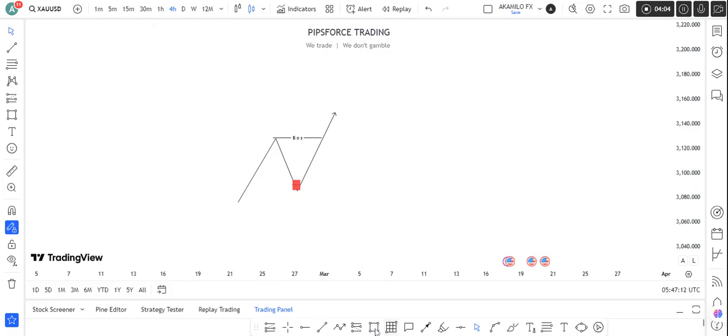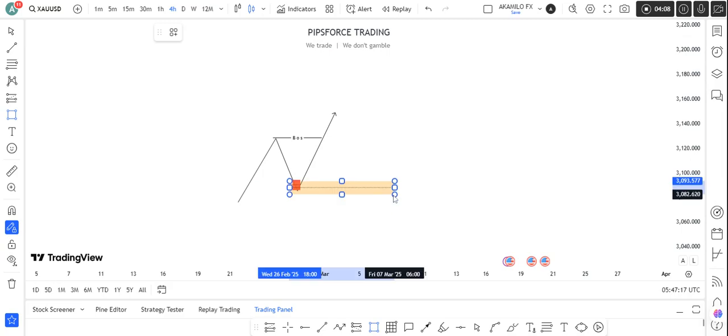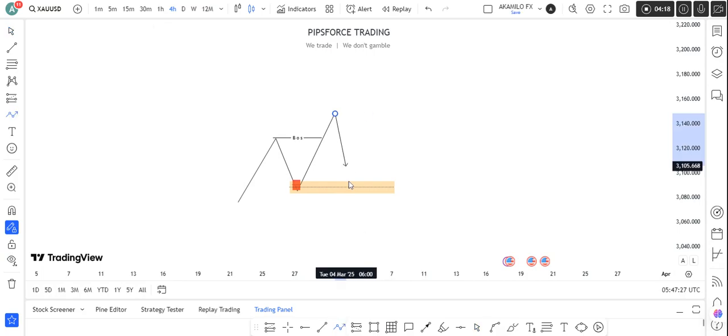So if price fails to respect this particular order block, that's what we now have as our breaker block. In this scenario, we'll be expecting price to retrace back to this level, respect this order block, and then continue moving bullish or moving higher, right?